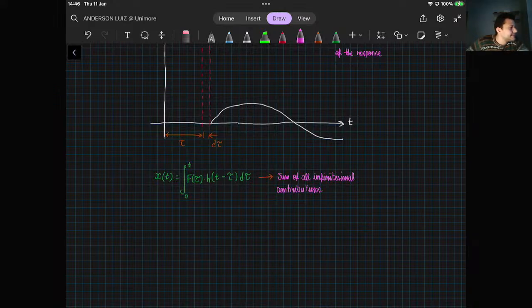This is the convolution integral of the arbitrary excitation with the response to the unitary impulse. It furnishes the system response for homogeneous initial conditions.